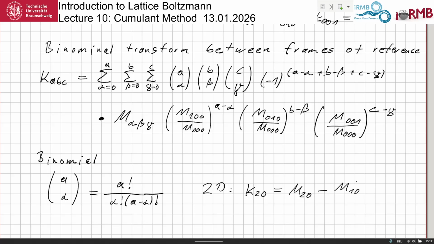M10 squared divided by M00. And this can also obviously be written as M20 minus u squared rho squared divided by rho, so that this finally gets M20 minus u squared rho, as an example.